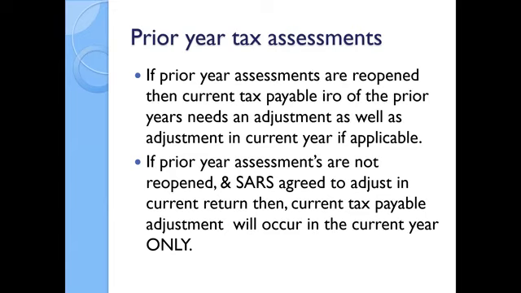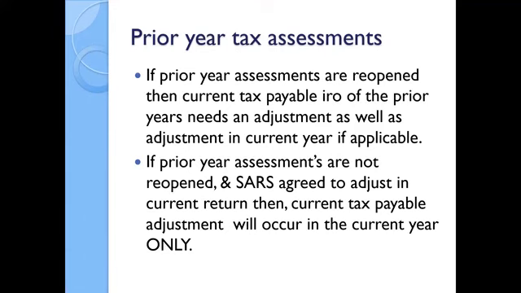Now, it's important for us to read our scenario to understand which option we fall into. In the first option, when prior year assessments are reopened, it means that we can process journals to current tax payable and amend the amount that we owe or is due from the receiver of revenue.